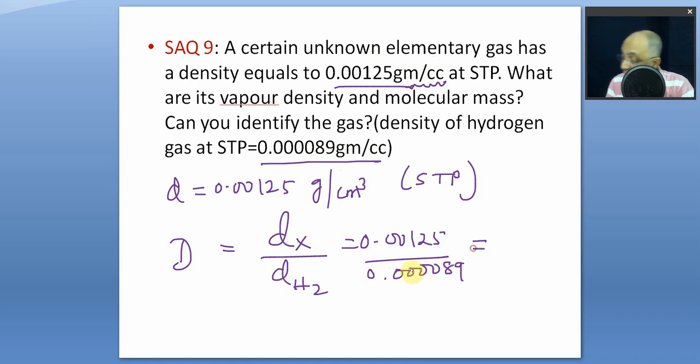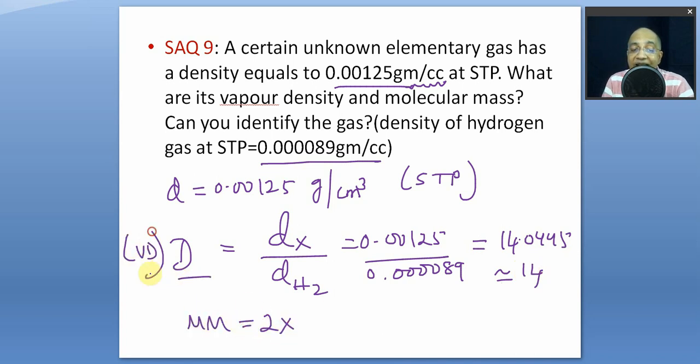So that is coming, I have calculated, this is coming 14.0445, approximately equal to 14. So the molecular mass is 2 into vapor density. D means Vd, this is the short form. 2 into Vd, that is equal to 2 into 14 is 28.